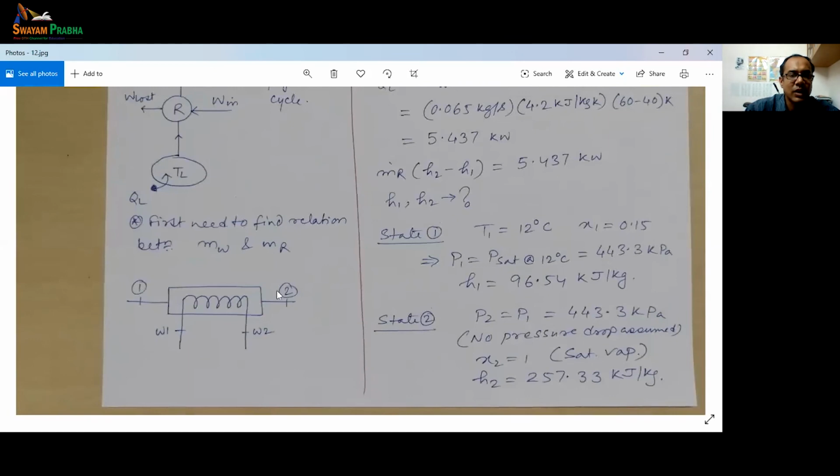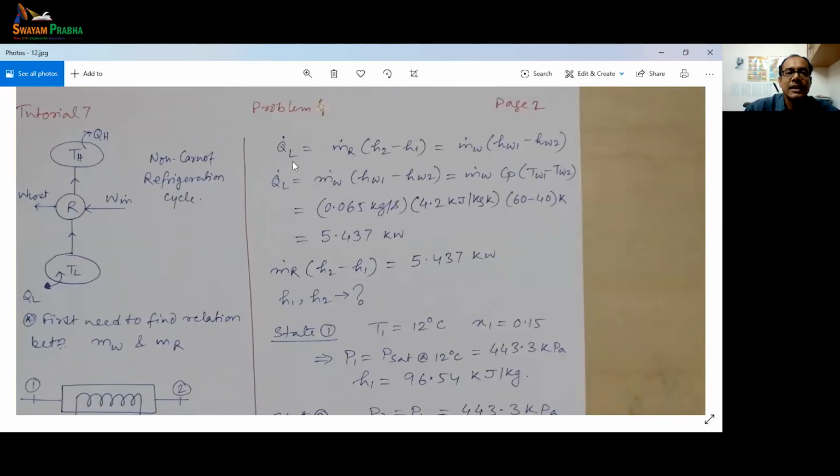If you just look at the evaporator, 1 and 2 are the states of the refrigerant, and W1 and W2 are the states of the water at inlet and outlet.